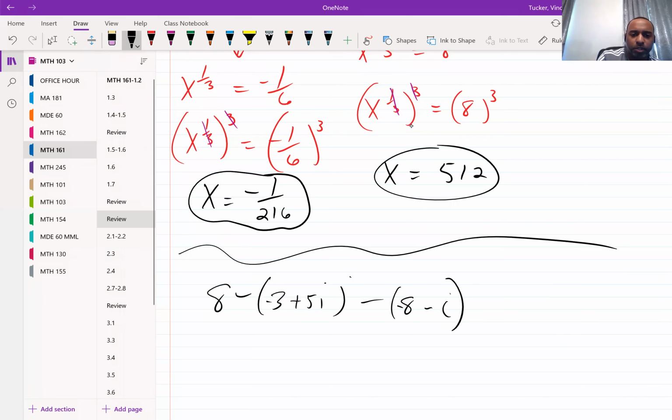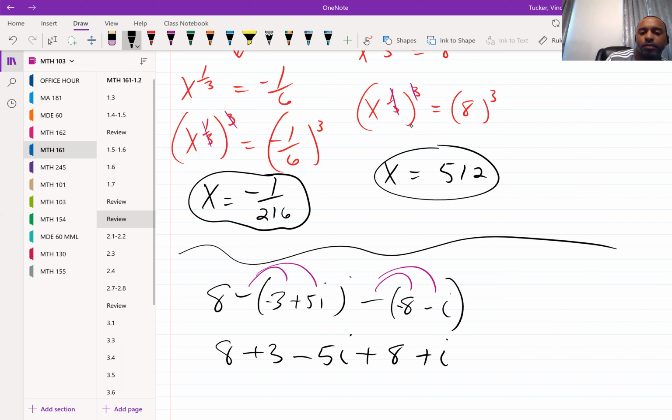Okay, let me make sure I got all my minus signs correct. That's correct. So what you're going to do first is distribute the negative to each, which changes the sign of each one. So that'll be a positive 3 minus 5i, positive 8 plus i.